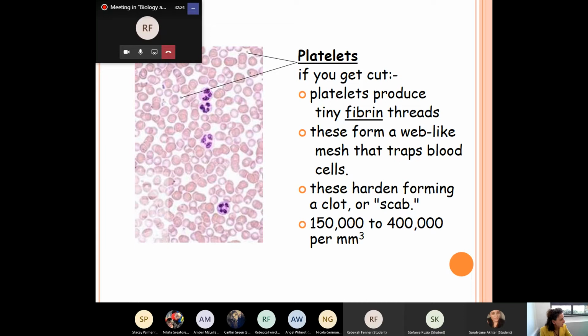Do we have to put the size in the assignment, like 150,000 to 400,000 per millimetre? Well, it's up to you. For the assignment, the same as for the respiratory system, show me that you've done a bit of independent research.